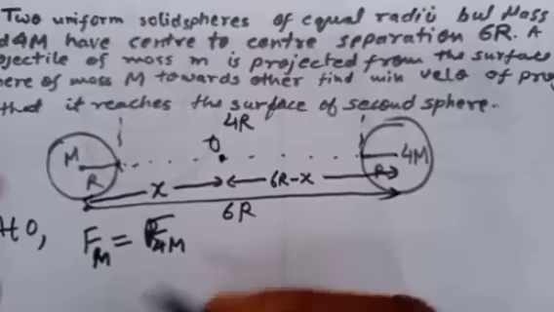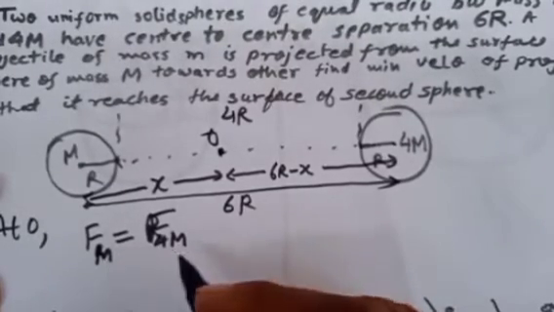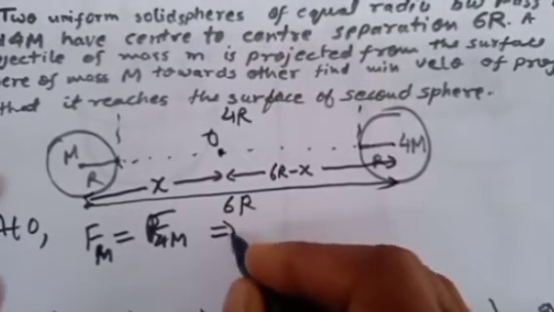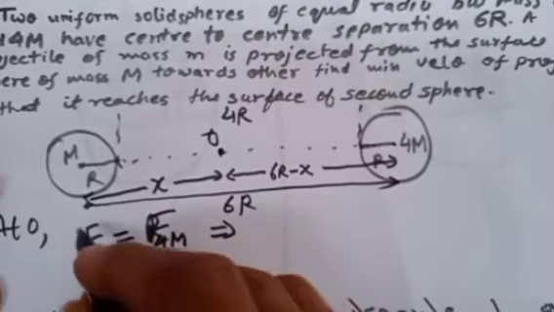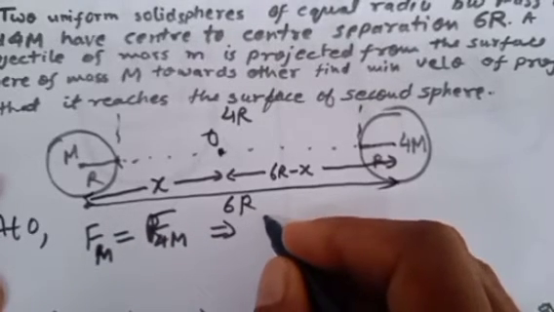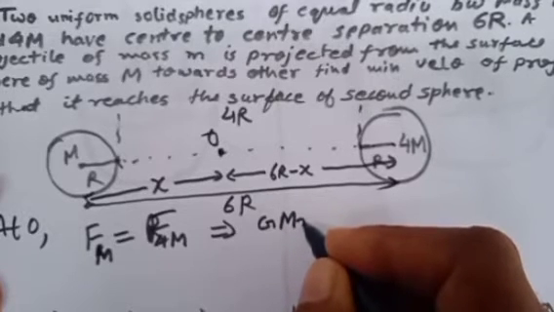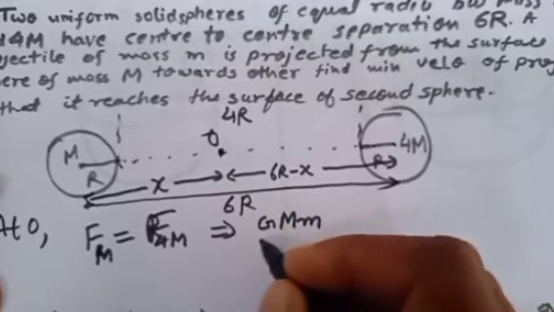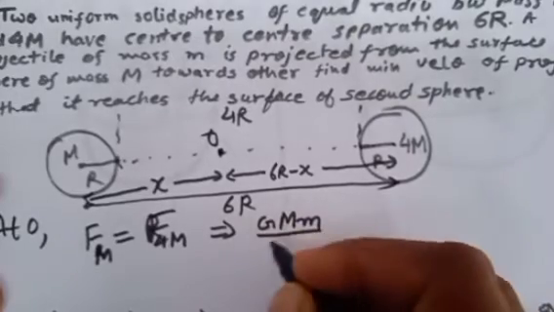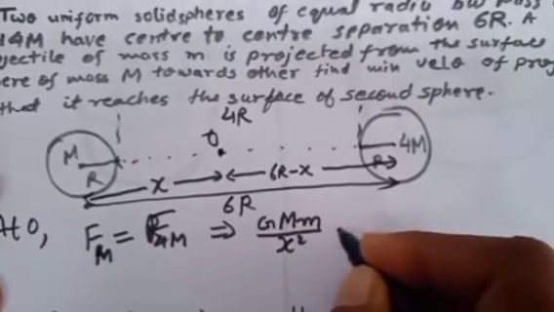These are my way of representation; these are not getting multiplied with this. So it will be GMm, where m is the projectile, upon x square.